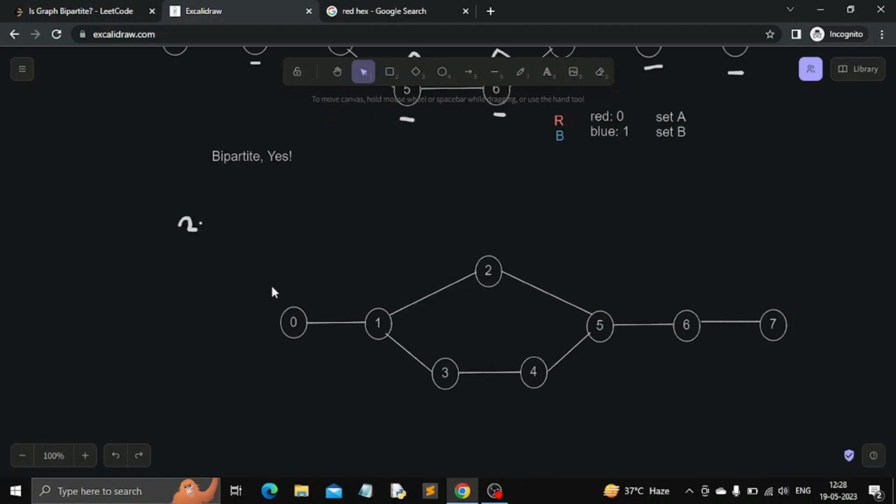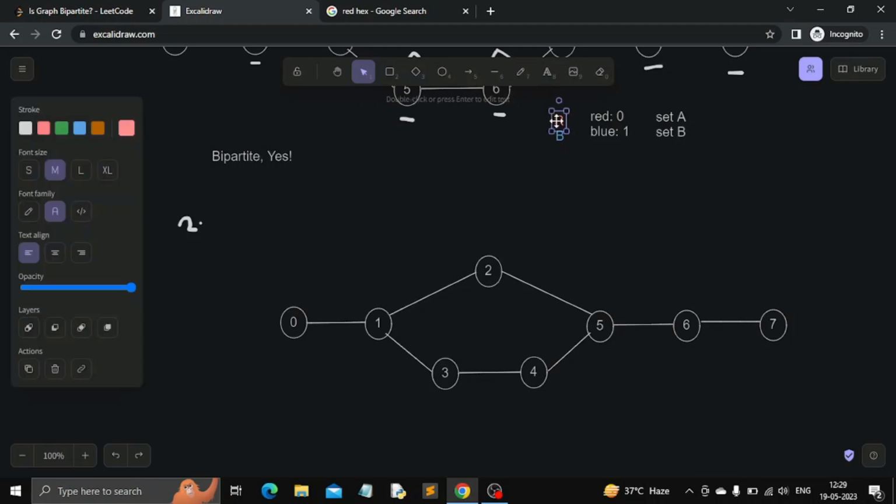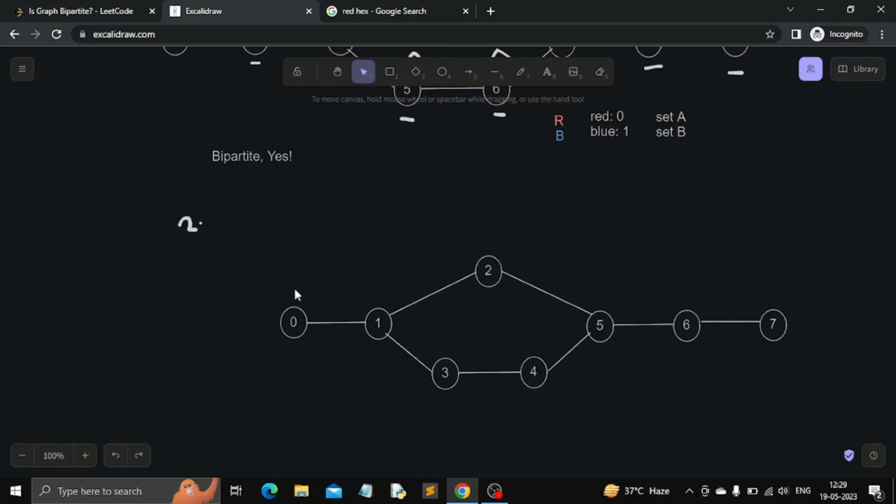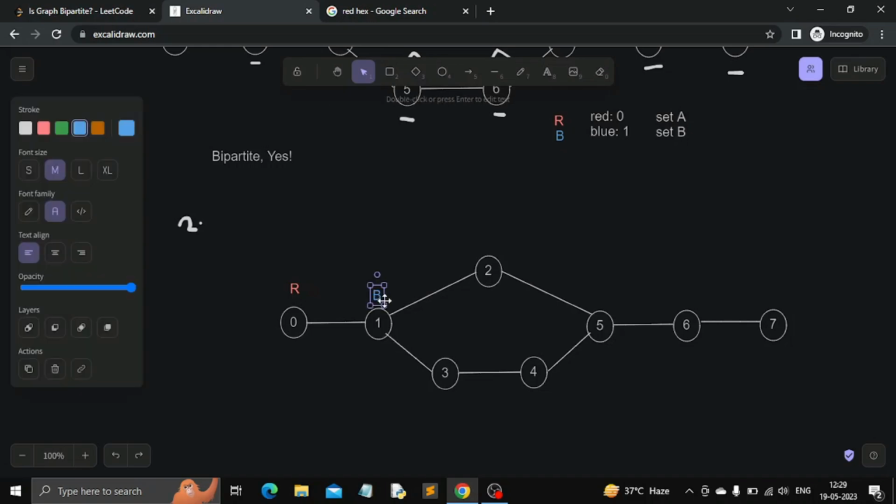So again we will begin with node 0 and we will color it red in the beginning. Then coming to node 1, we must color this node with a different color, right?